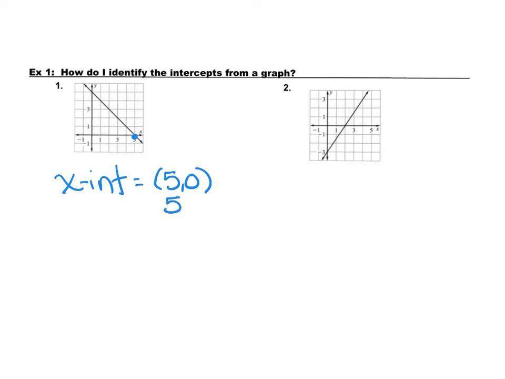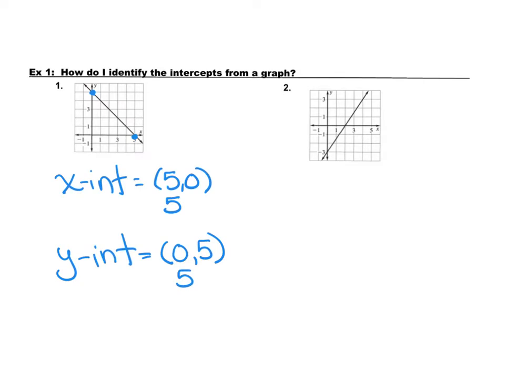For the y-intercept, remember this is where it is crossing the y-axis, and so the y-intercept is at 0, 5. We went over 0 and up 5, and then it could also be written as just 5.